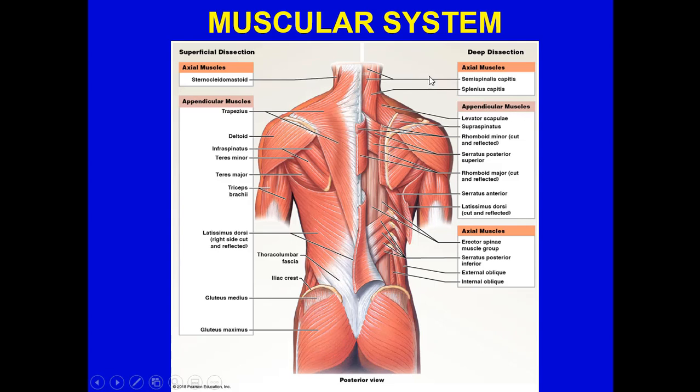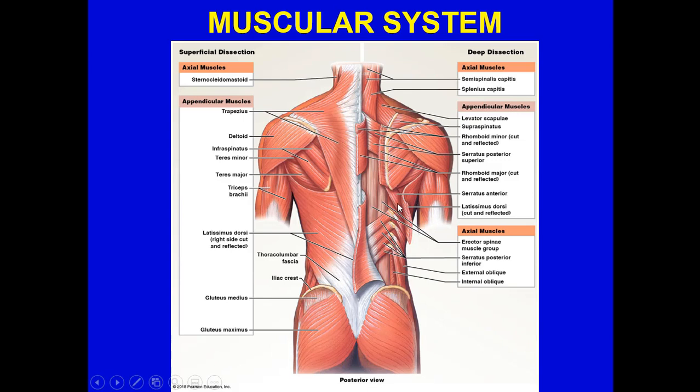Now, going deep, you can see for the upper limb, the levator scapulae, right up here, the supraspinatus, which is partly attached to that scapula, the rhomboid minor, right here, and to cut and reflect that, the serratus posterior superior, okay, the rhomboid major, which was also cut and reflected, the serratus anterior down here.